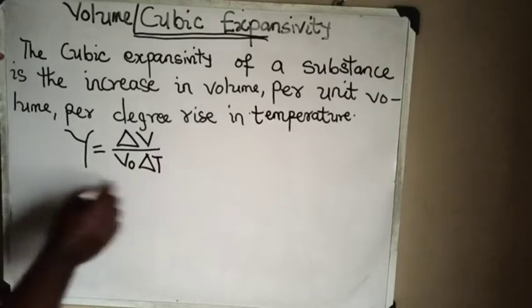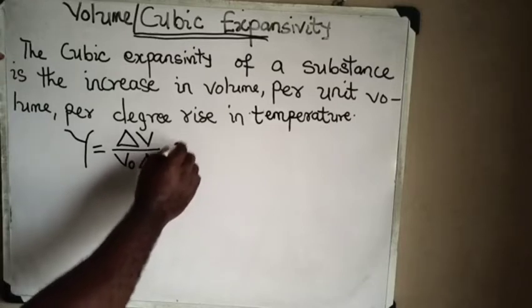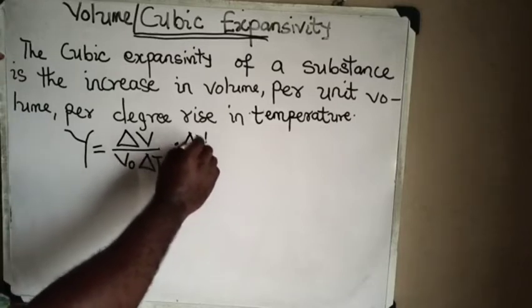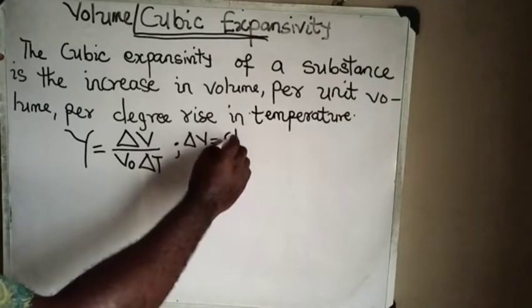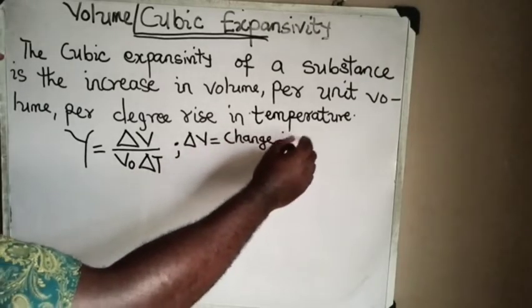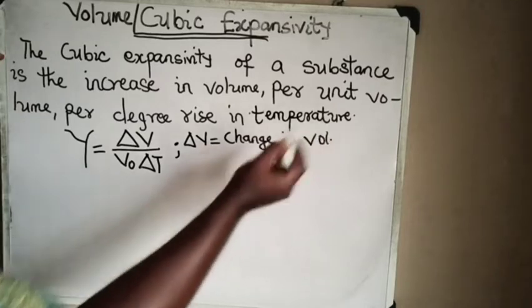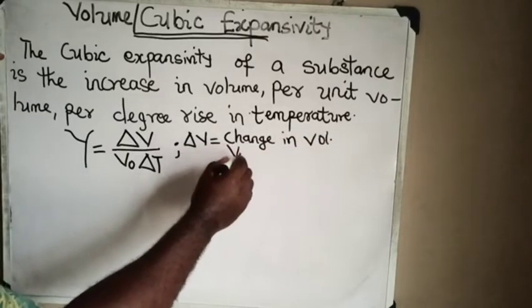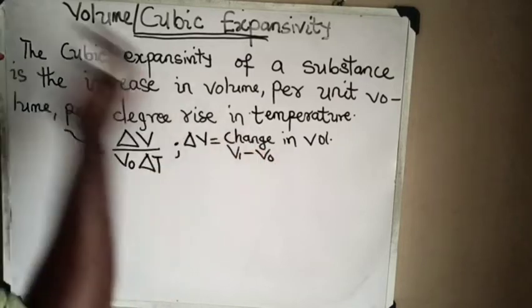Where a change in V is equal to the change in volume. Let me write the volume as V1 minus V0.